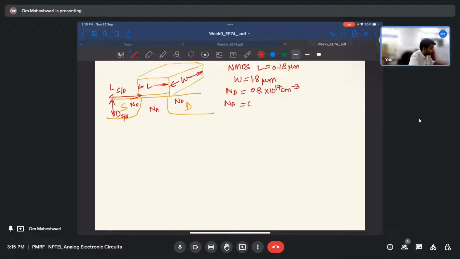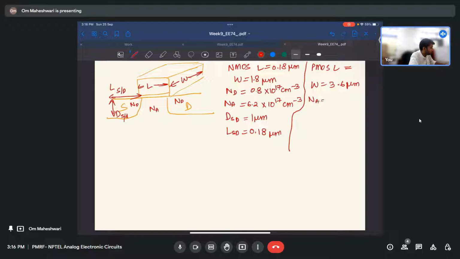Na is 6.2 into 10 to the power 17 centimeter to the power minus 3. Depth of source drain is 1 micrometer. Length of source drain is 0.18 micrometer. Similarly for PMOS, L is the same. Width is 3.6 micrometer.